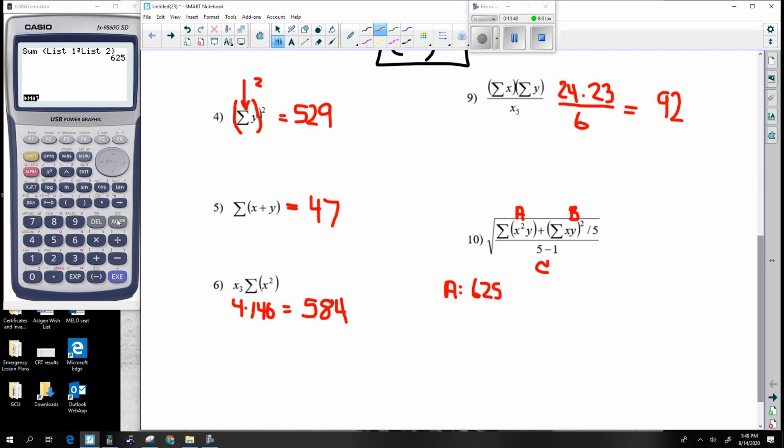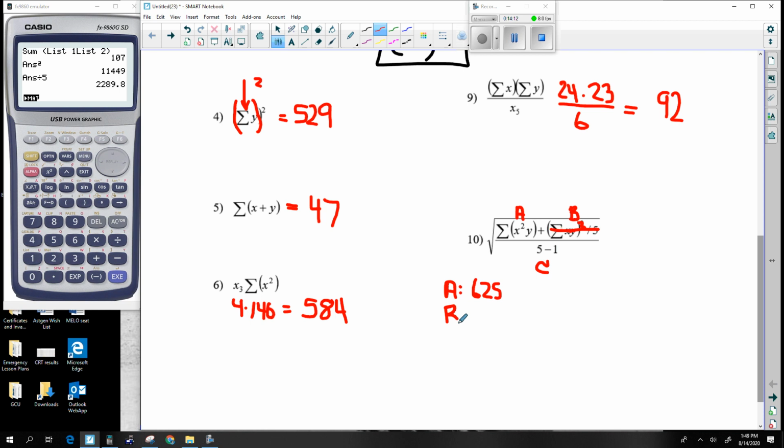The next one begins with the summation of x, y. So the summation of xy, that chunk. What I need to do now is I need to square that. So I took that squared. Now I need to divide by 5. And that got me all the way through.